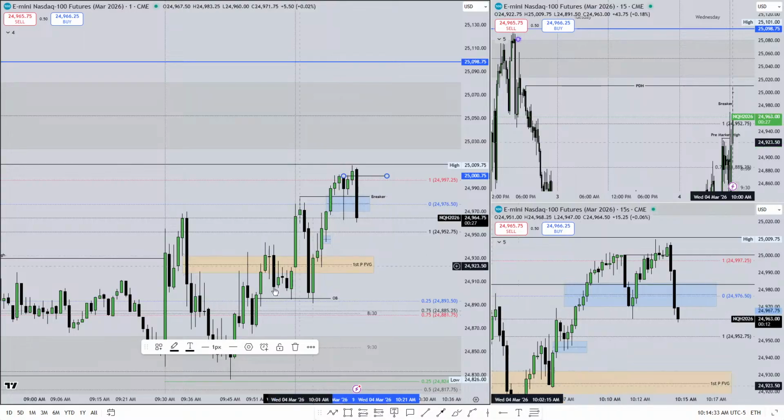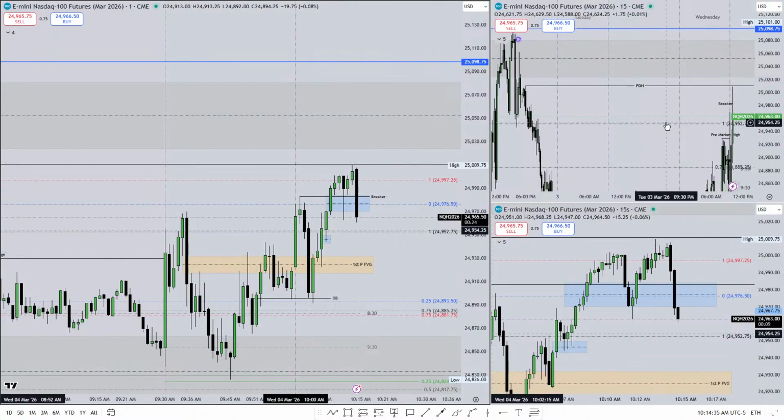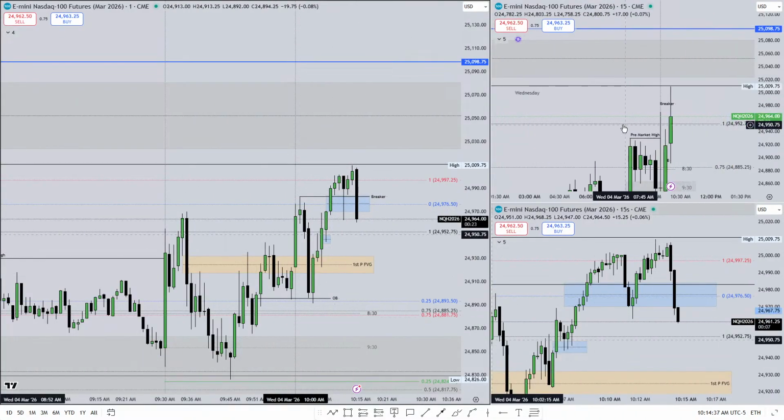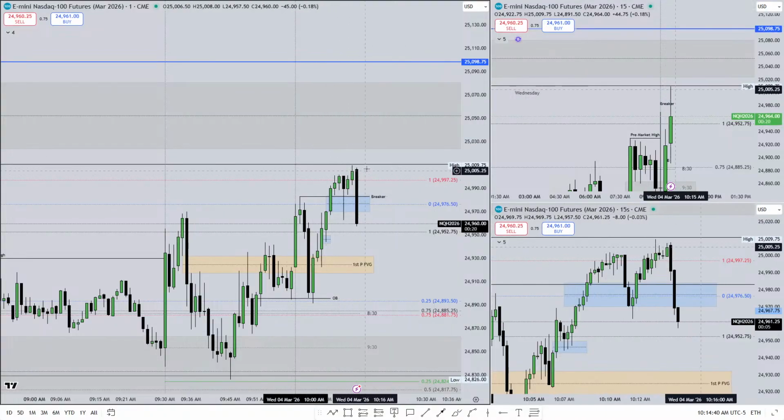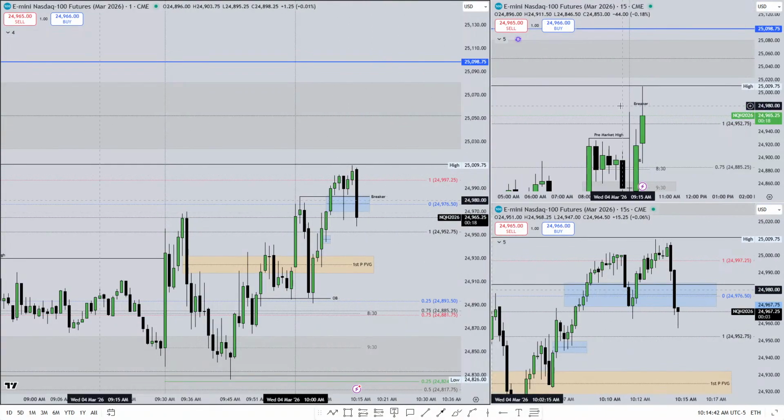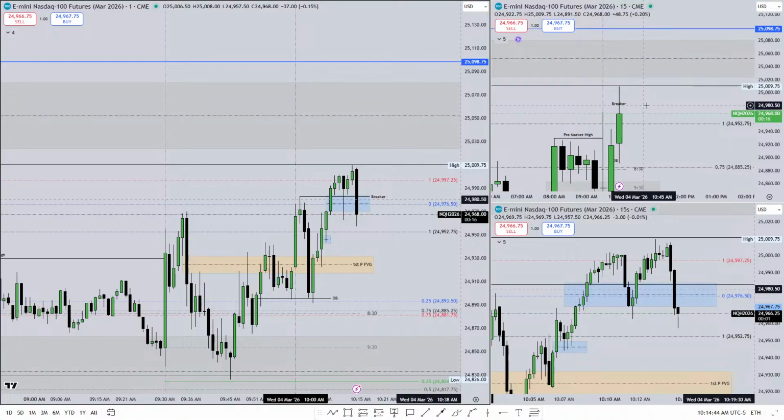But now we have relative equal highs right at the previous day high right there, so that's something to target. Man, I'm glad I did not. I was very, very close, and it would have been a chase.